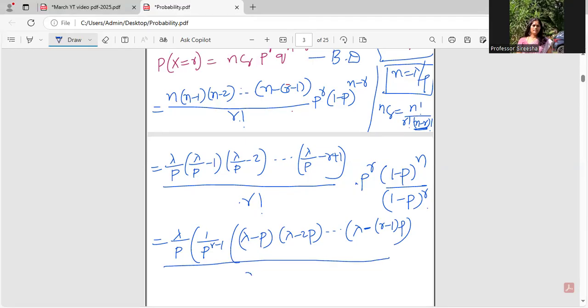Now I'll have r factorial in the denominator. p power r is also there, and also this term (1 minus p) power n by (1 minus p) power r.